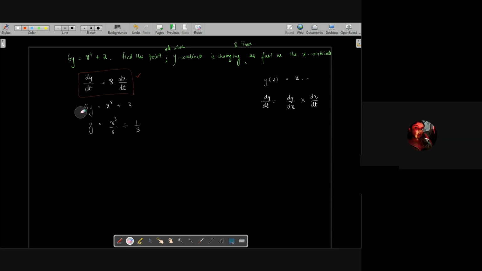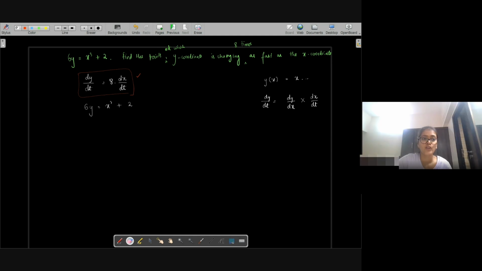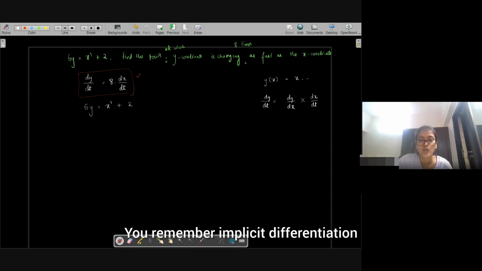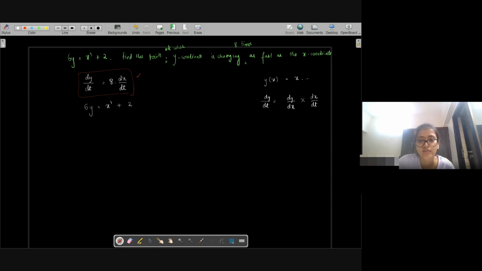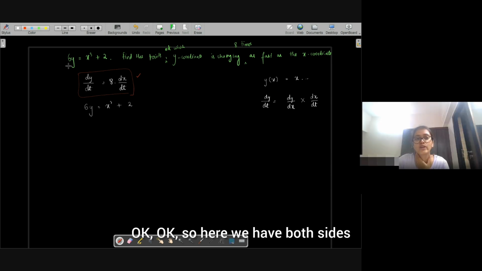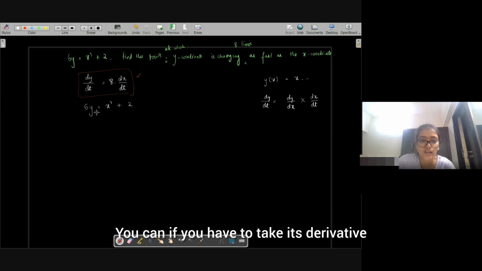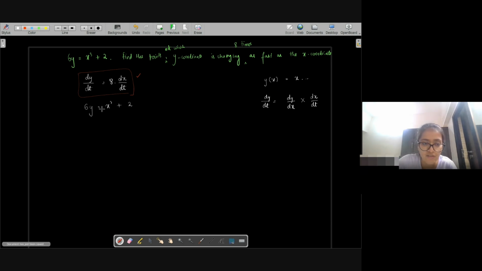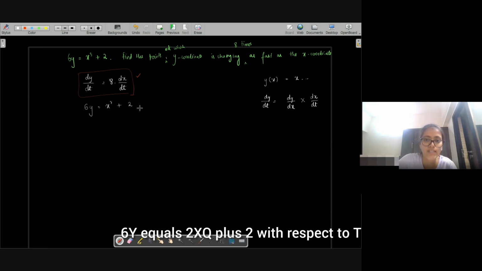Oh, so then you would get... You remember implicit differentiation? A little bit. Okay. So here, if you have to take the derivative of 6y equals x cubed plus 2 with respect to t, would you be able to take it on both sides?